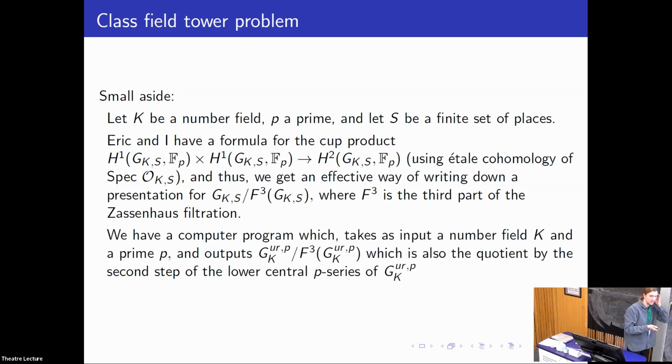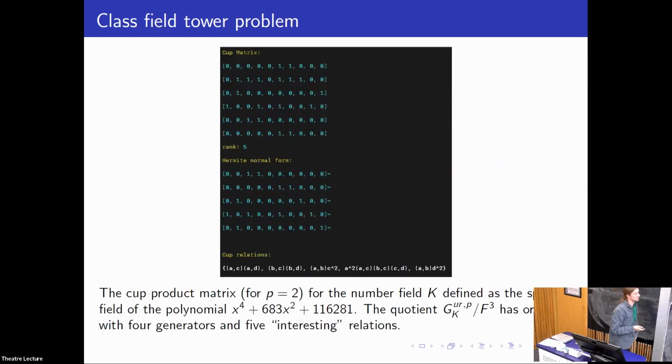We have a computer program, which Eric has written very nicely, which takes as input a number field K and a prime p, and precisely spits out this quotient. This turns out to also be the second step of the lower central p-series of G_{Q,p}. You can do this for some number fields.